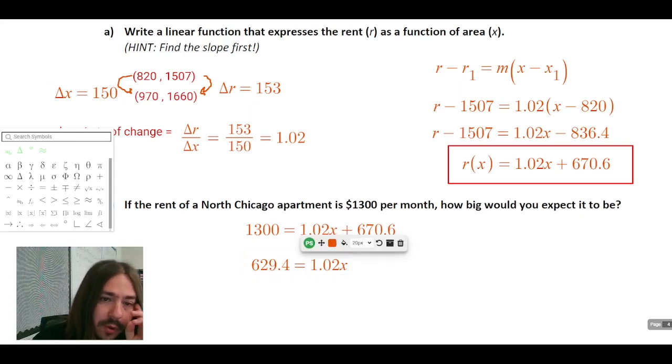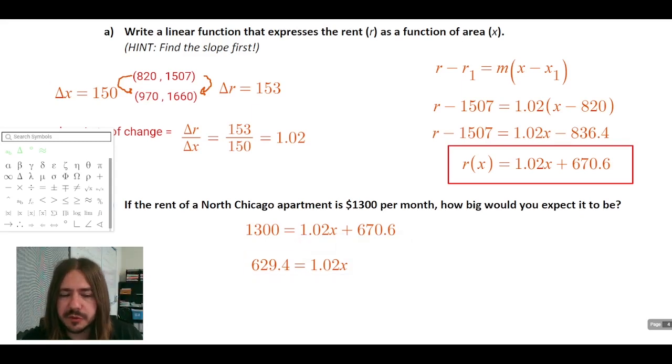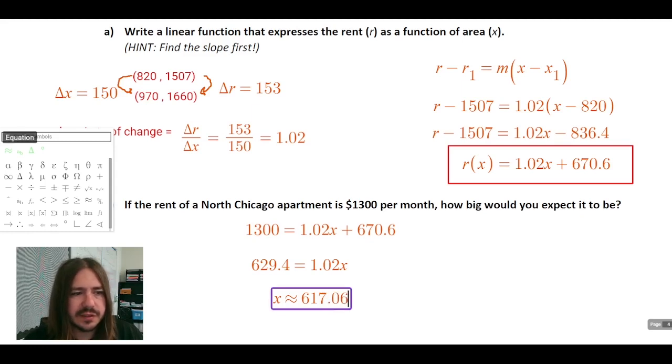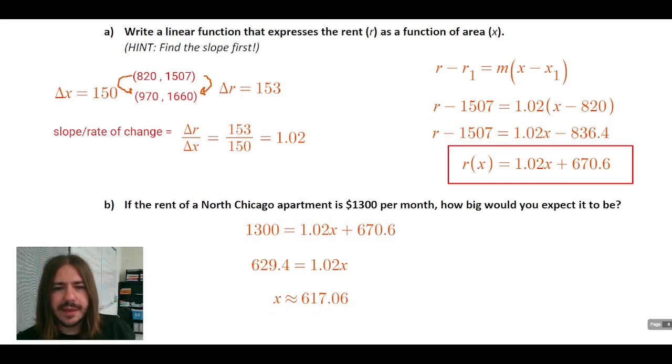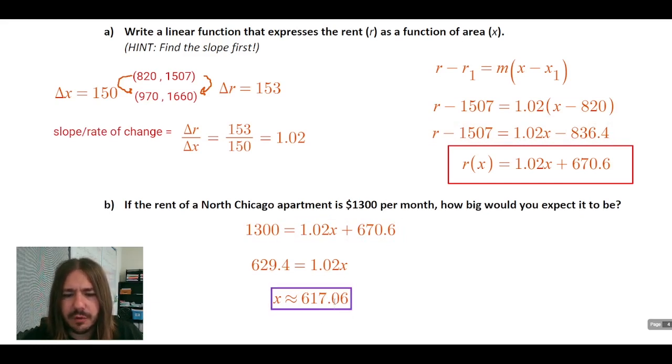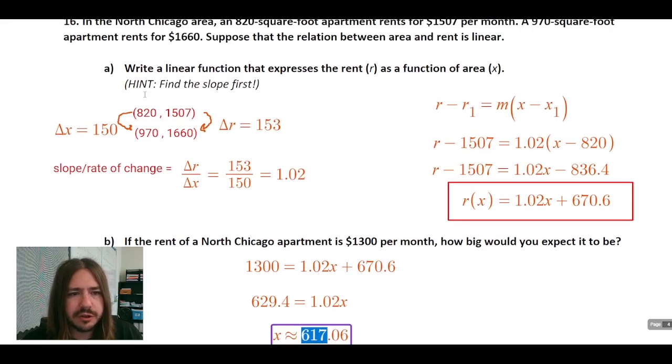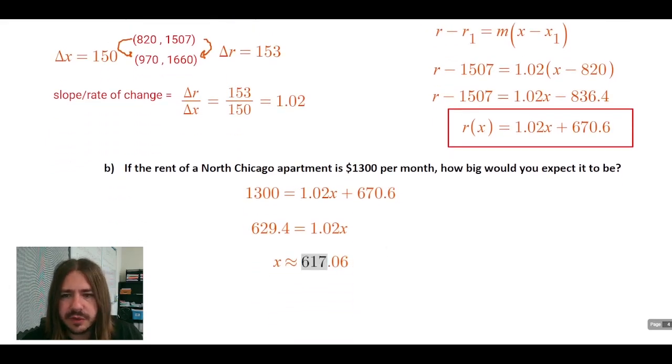What are we getting here? Oh, wait, no, it is smaller. It should be cheaper. Yeah, I was looking at the number. Okay. So 629.4 divided by 1.02, and I'm getting about x is approximately 617.06. I'm rounding up that last decimal if you're following along with me. So that is going to be the approximate size. It's probably okay just to round to the nearest whole number because we're talking about square feet here. So about 617 square feet. It's a little bit cheaper, so it should be a little bit smaller. This number seems reasonable.